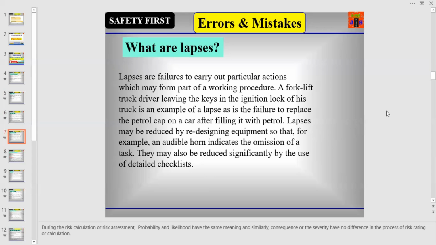Lapses may be reduced by redesigning equipment so that, for example, an audible horn indicates the omission of a task. They may also be reduced significantly by the use of detailed checklists.